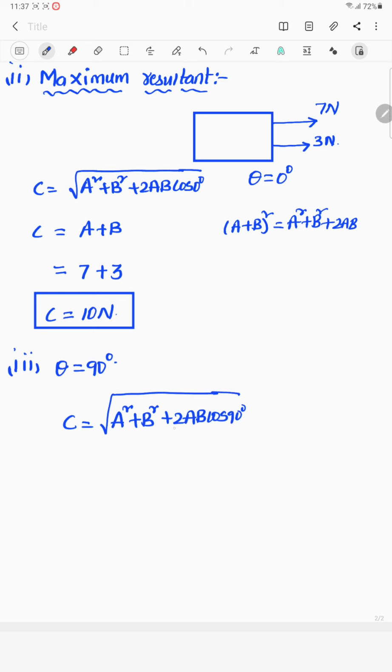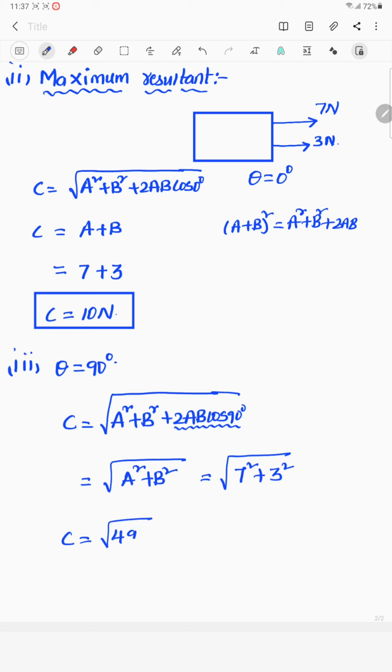Anything multiplied by 0 is 0, so this whole term is 0. That is the square root of a square plus b square. Substituting the given values, 7 square plus 3 square, C is the square root of 49 plus 9, which gives the magnitude as root 58 newtons when the two forces act perpendicularly to each other.